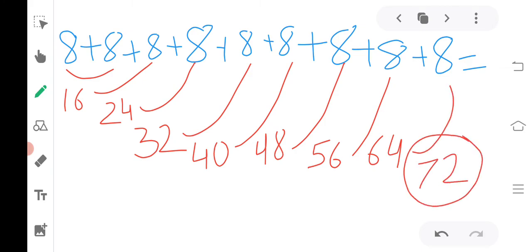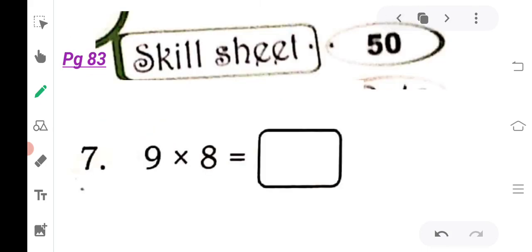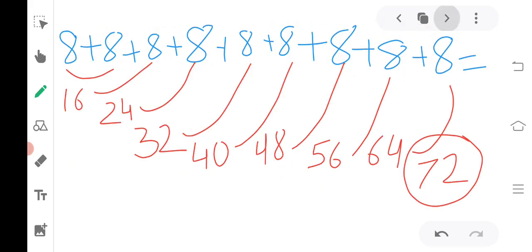So your answer is 72. If you know the table of 9 or 8, you can easily do it. Means 9 times 8 is your 72. If you don't know, you will write in the form of repeated addition.